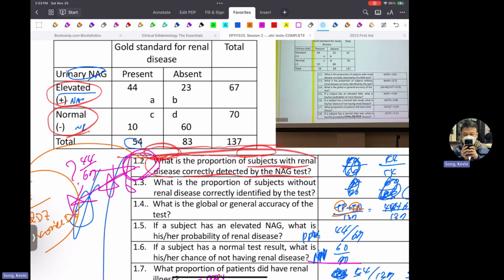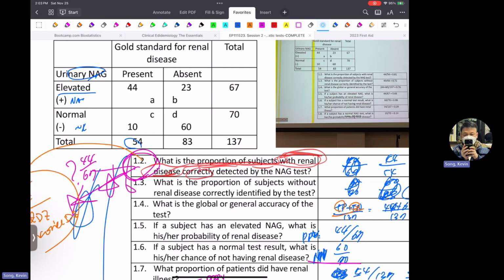I think this statement is a little bit misleading. But what this really means is the proportion of subjects with renal disease, right? That's the key point. Out of the people with renal disease, who is correctly detected?